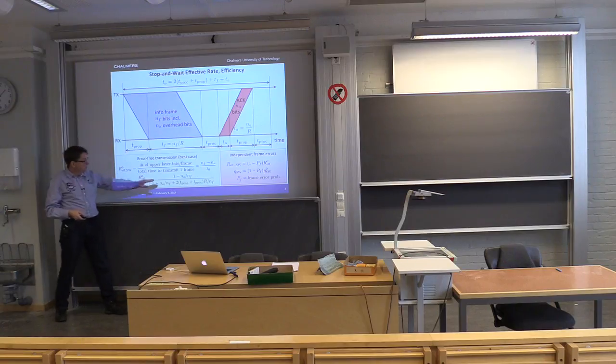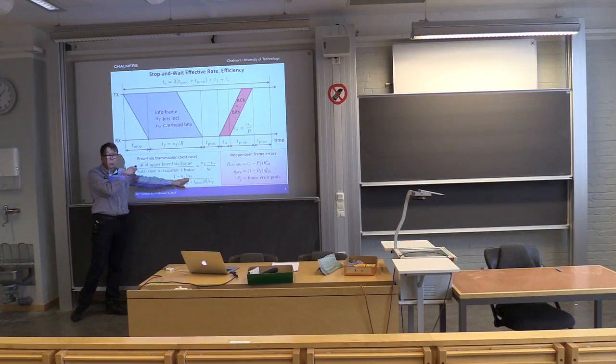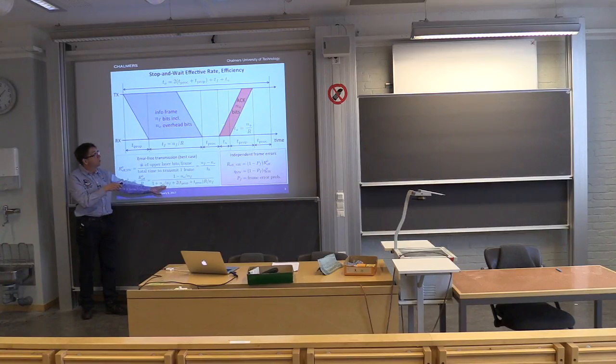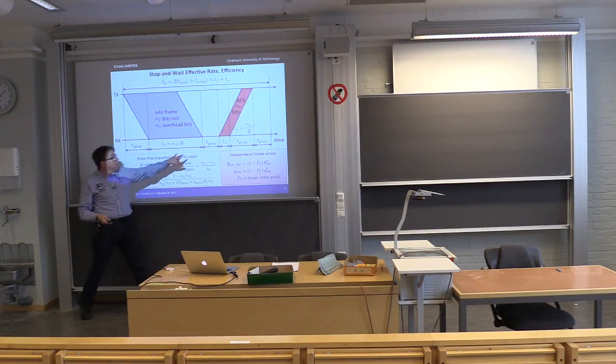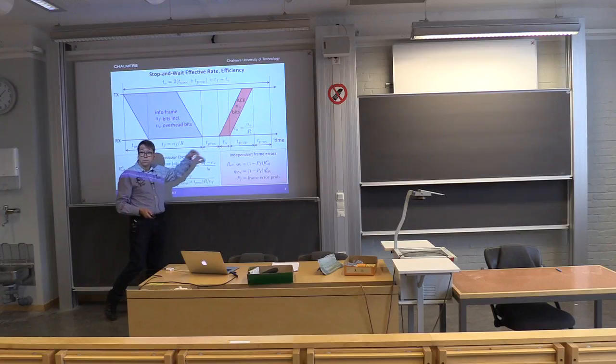And then we see there is a certain overhead due to the protocol overhead here. This is a penalty. And then we get a penalty because we have to transmit the ACK. And then there is a penalty here, which depends on the propagation delay and the processing delays.